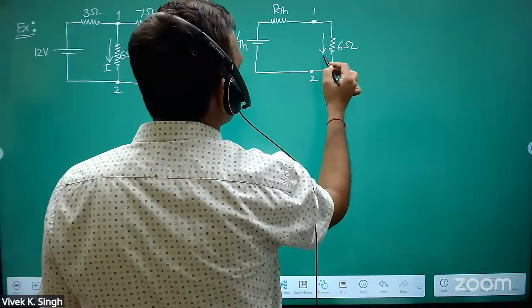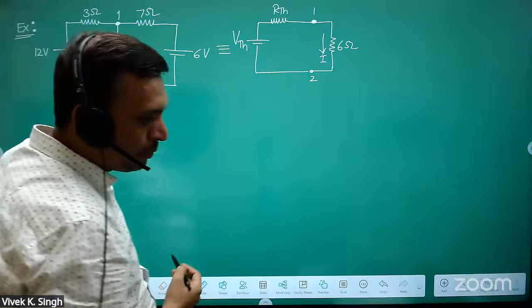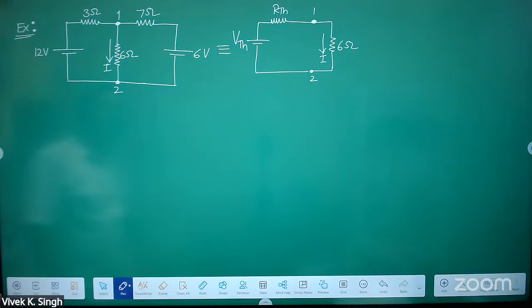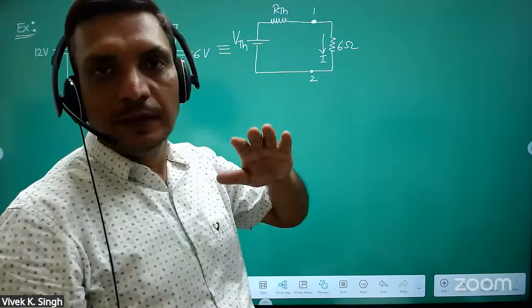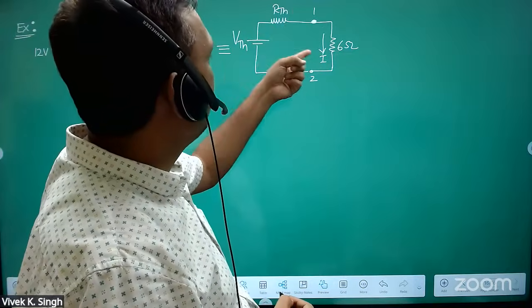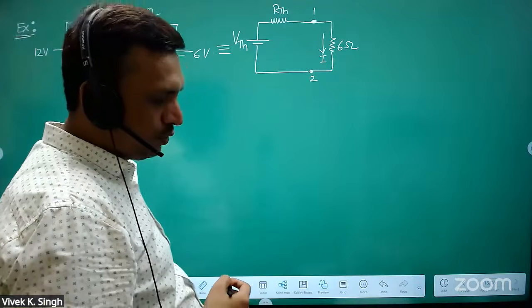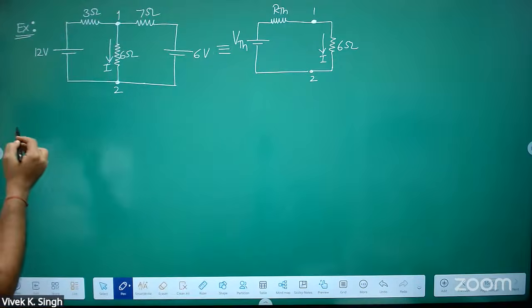Load resistance is the resistance in which you have to find the current. Clear? If you know VTH and RTH, you can find the current just by writing VTH by RTH plus 6 ohm. So what will be VTH?